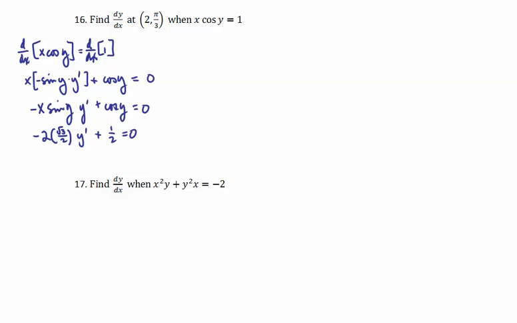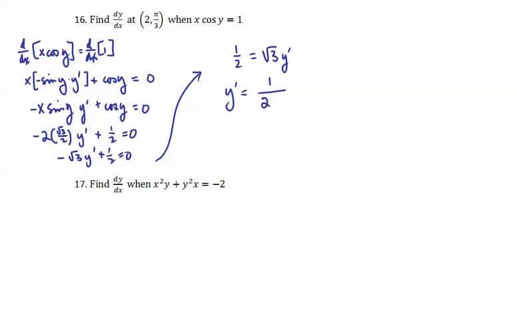So the 2's cancel, we get negative root 3 y prime plus 1/2 is equal to 0. And finally 1/2 is equal to root 3 y prime, and we multiply both sides by 1 over root 3, and y prime is equal to 1 over 2 times square root of 3. If we want to rationalize that, we'll get y prime is equal to root 3 over 6.